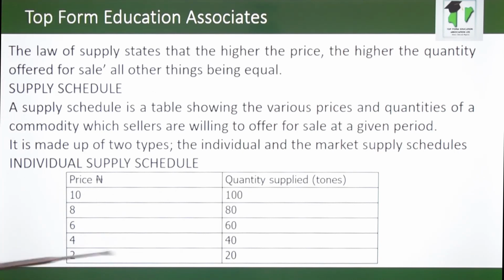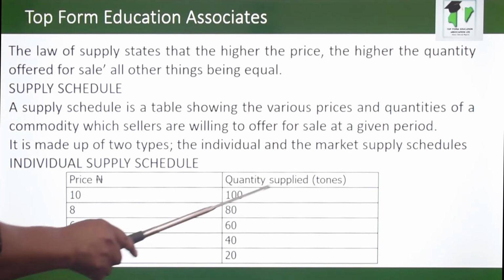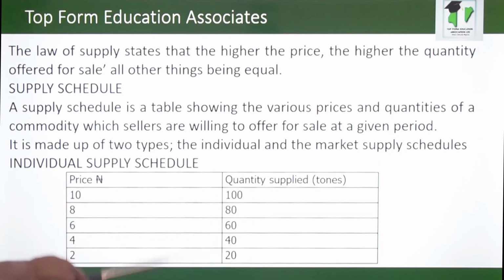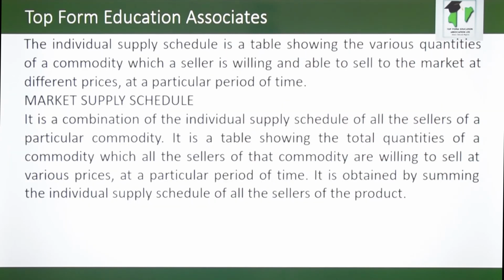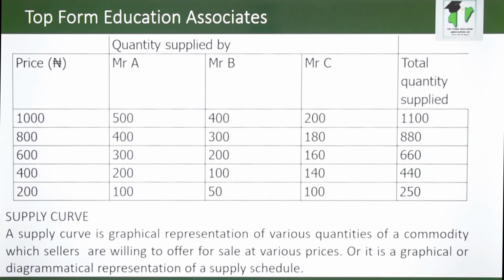It is a table that shows the various quantities of a commodity supplied by an individual at various prices. While the market supply schedule is the totality of all the quantities of a commodity supplied by the sellers of that commodity at various prices and at a particular point in time.